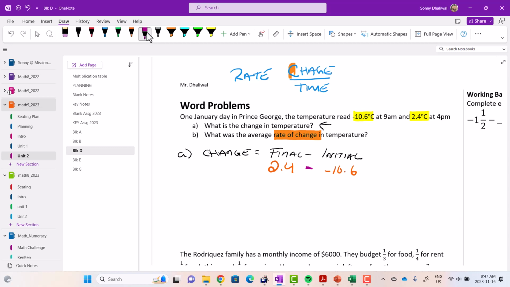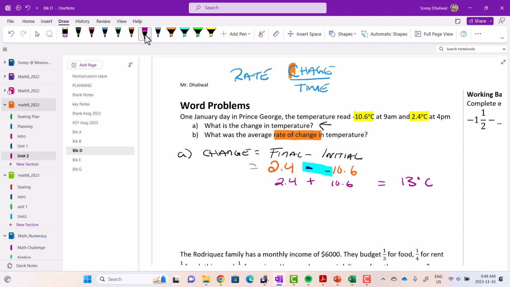That's our change. So you go, okay, what's our change? These two minus signs now make a plus. So you have 2.4 plus 10.6, which is a 13-degree change. All right? Now, you're going to have to be careful with change. It's going to be either positive or negative.